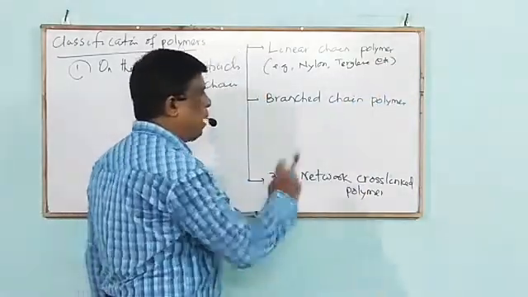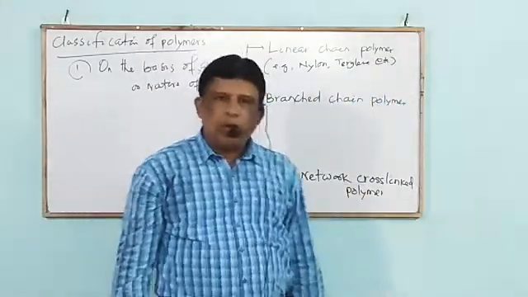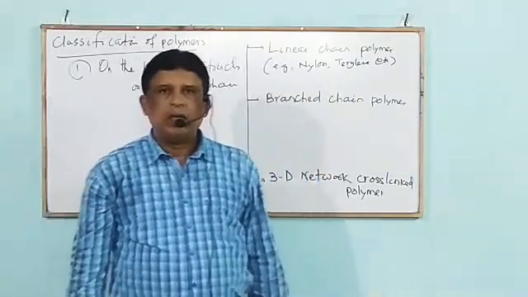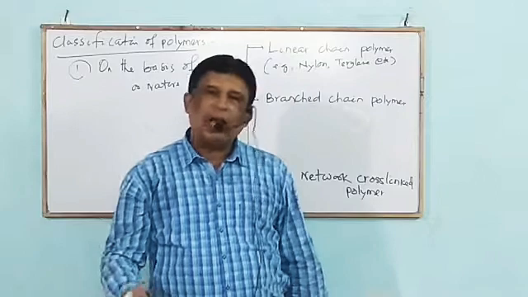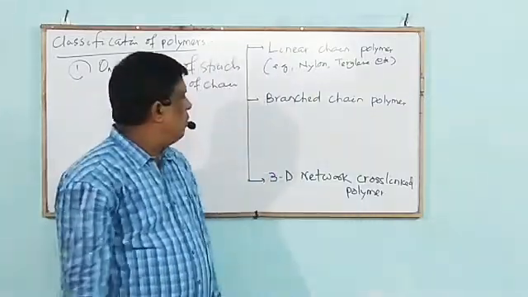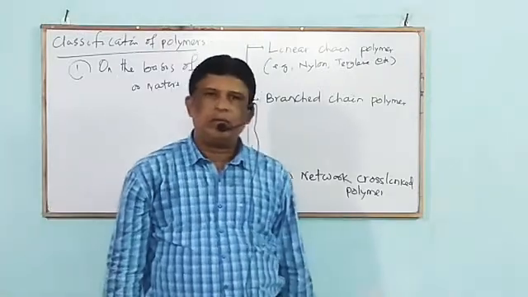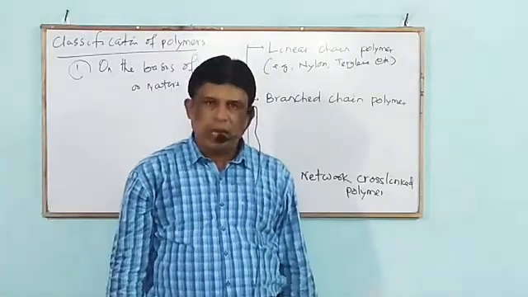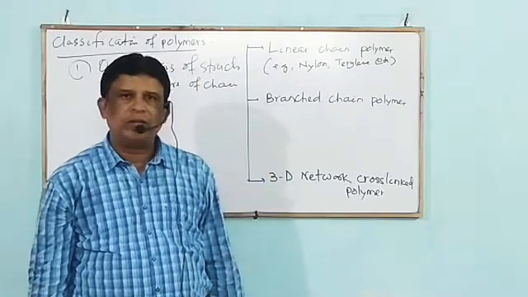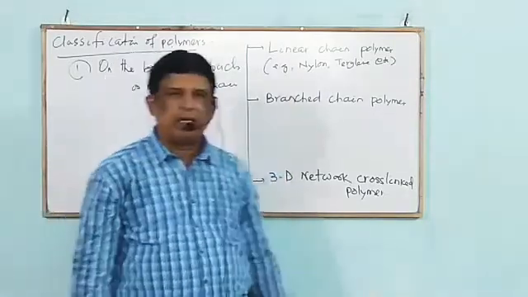Next is branched chain polymer. The polymer which is formed in such a way that they form branch chains along with the linear main chain is known as branched chain polymer. That means due to branching, the intermolecular forces of attraction are weaker than in the linear chain.